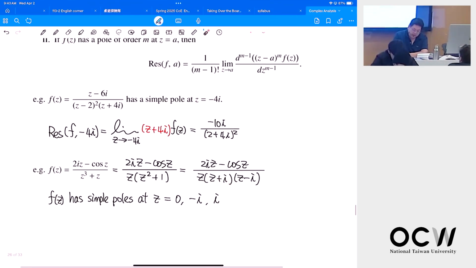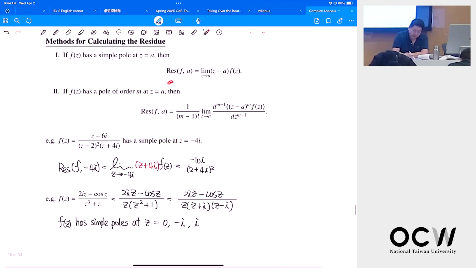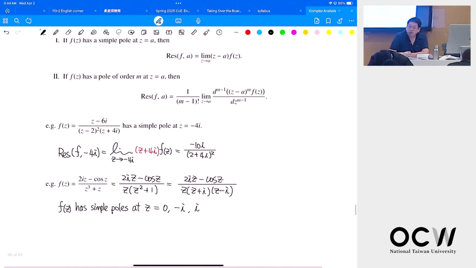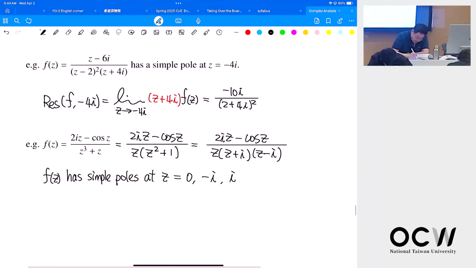First, please find the residue at z equals 0. What is it? Since it is a simple pole, what is your residue? Minus 1, right? So how do you get minus 1?